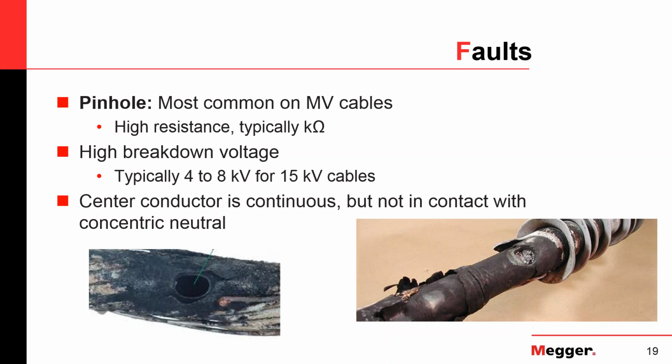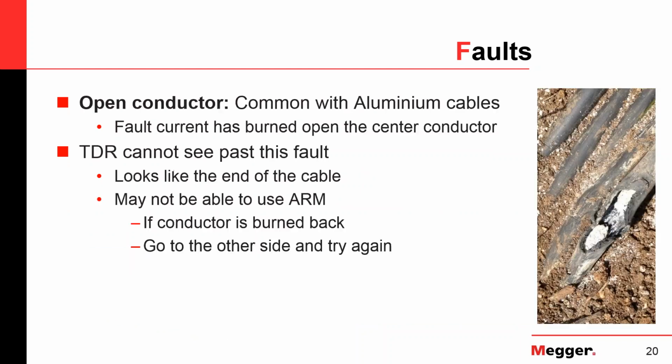It's still all the way there, and it does not have any physical contact with the concentric neutral, but there's a hole in the insulation, and that was the result of the cable failing, of that blowout that happened.